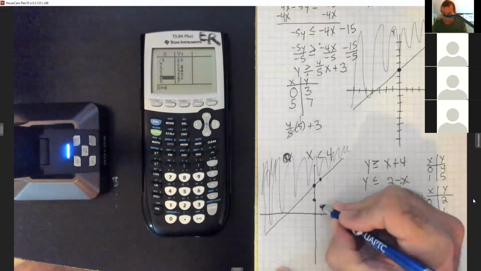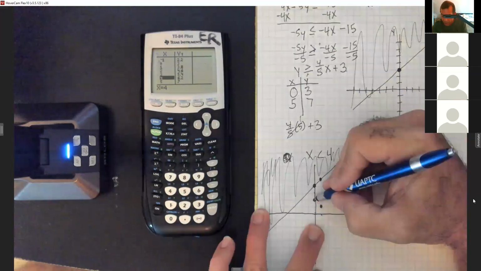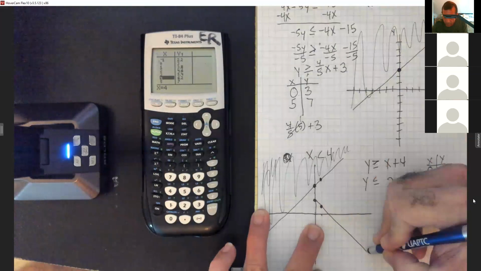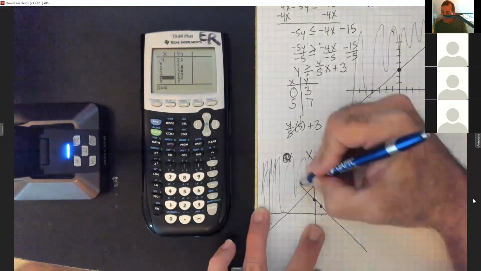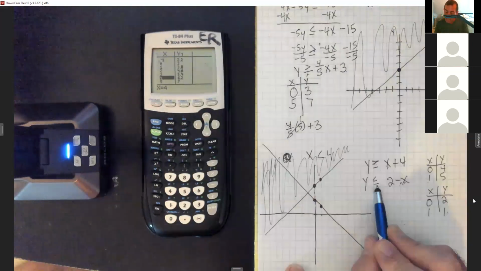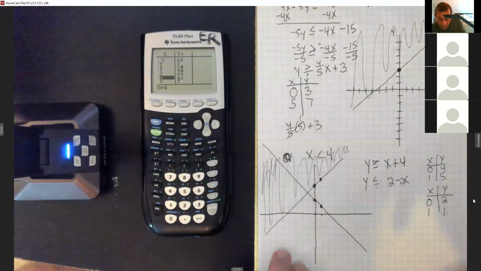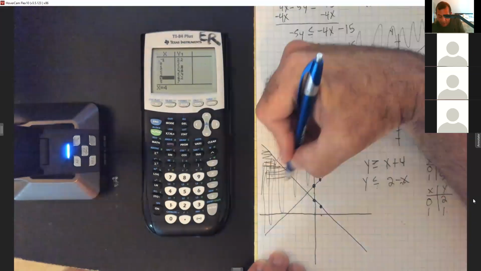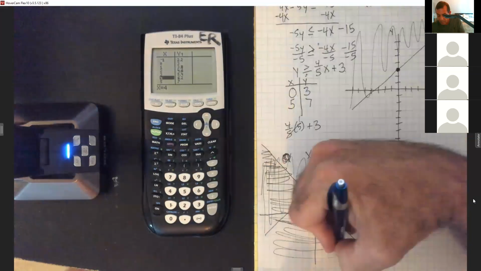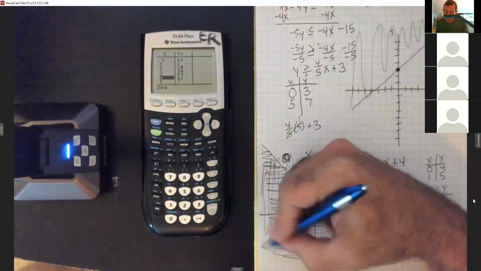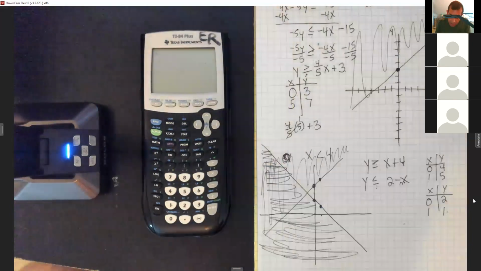That has equals, so it's also going to be a solid line. It is less than, so it's going to shade below. So I'm going to shade below the line, going in the opposite direction. So y'all remember, the answer is the double shaded region right here.